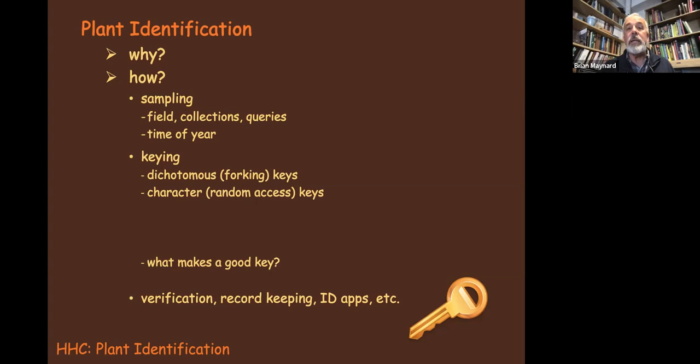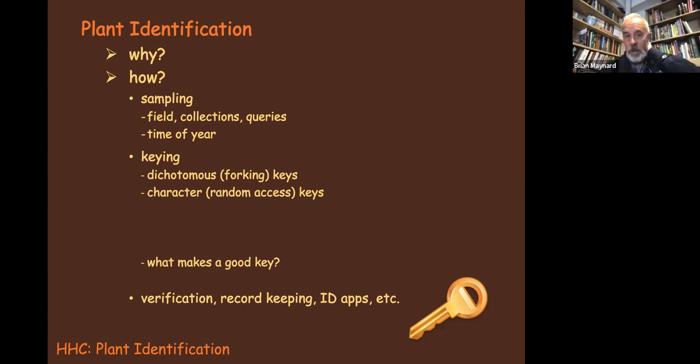As budding experts in this field, you're also going to get lots of questions from people about how to care for plants, and often that involves knowing what kind of plant they're working with. And as we discuss plants with other people, it's really important that we understand the identity of the plant, the scientific name, etc. So how do we identify plants?